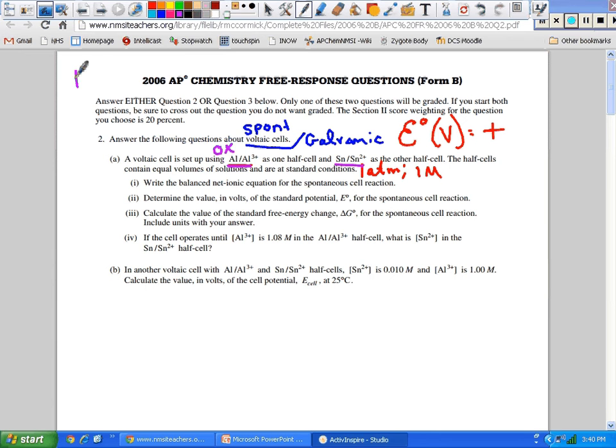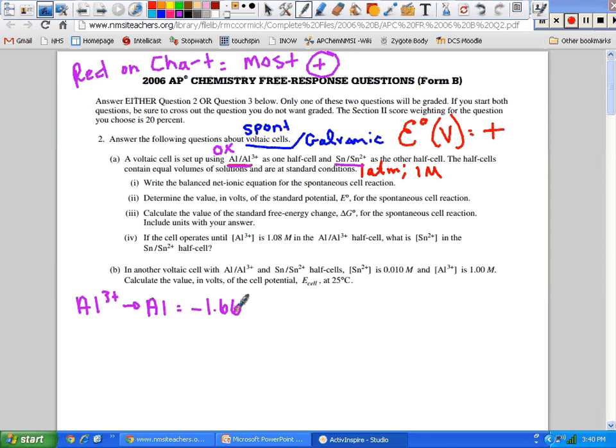The reduced one on the chart is the most positive. So Al3+ going to aluminum on the chart is, do you see it? Negative 1.66. And now why am I writing these backwards from what the equation has? That's oxidation. We want the reduction values, right?